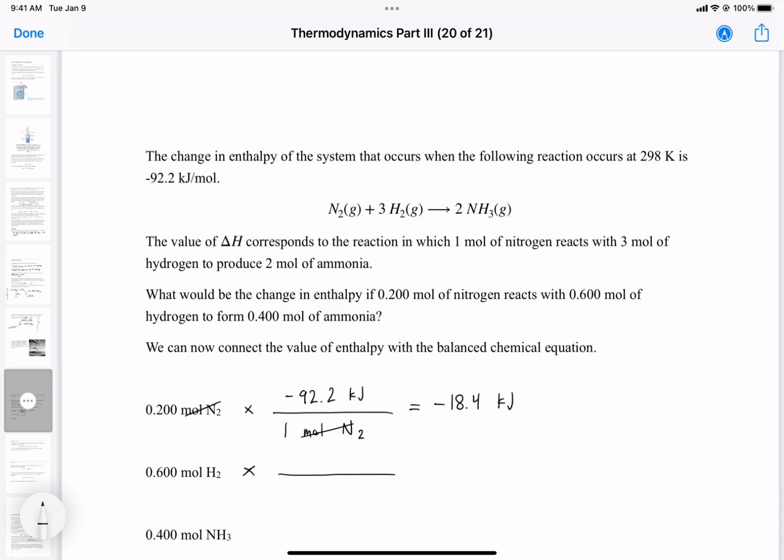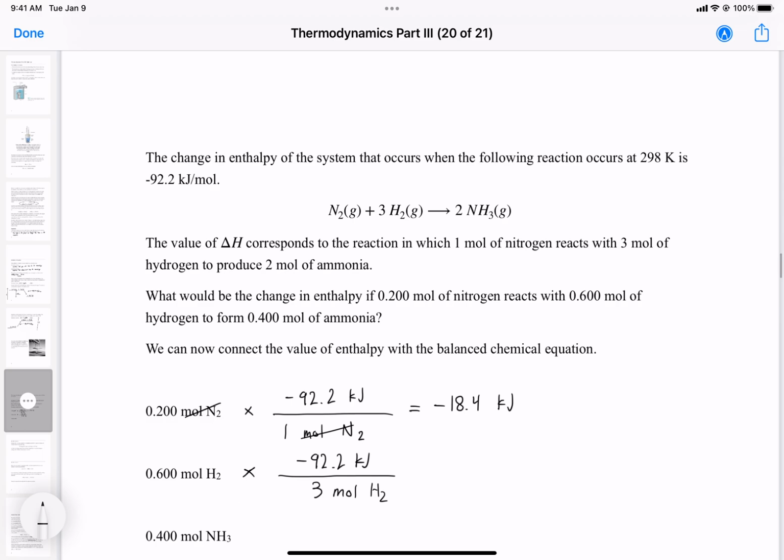So 3 divided by 5 is 0.6, 2 divided by 5 is 0.4, and 1 divided by 5 is 20% or 0.2. So the same kind of energy goes here, 92.2 kilojoules. And for every 3 moles of hydrogen, because that's the number in front of the hydrogen in the balanced chemical equation, this will cancel here, and if we calculate this, we get the same amount of energy.